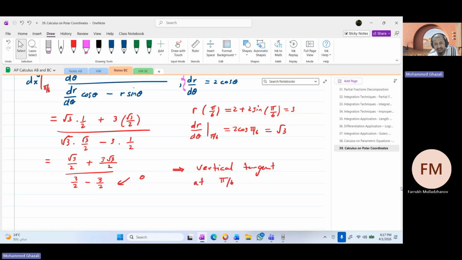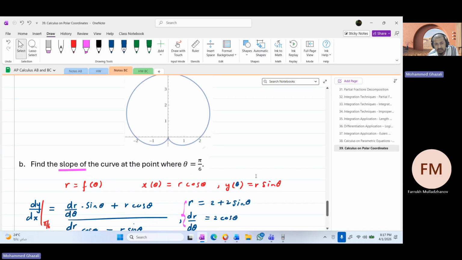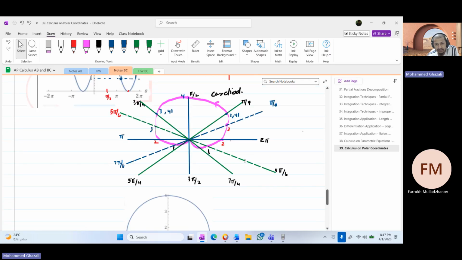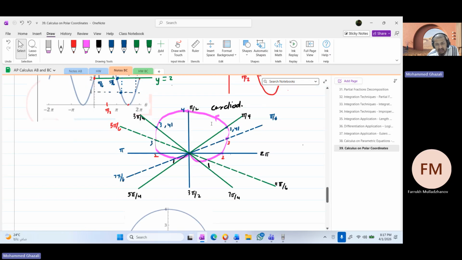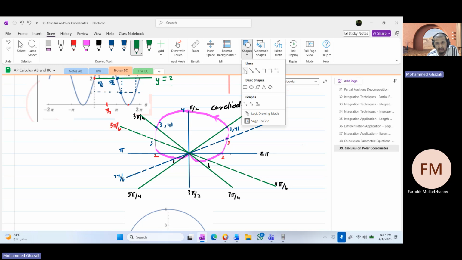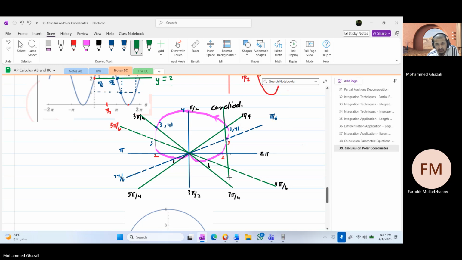Now let's check if there is a vertical tangent at pi by 6. Remember, pi by 6 is somewhere around here. I don't think I drew this properly, because a vertical tangent would have looked like this. I was just estimating, so it should have been like this.